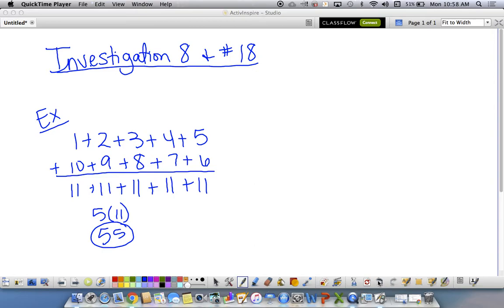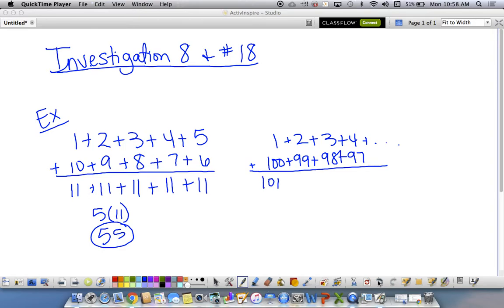So if I wanted to add the numbers 1 through 100, 1 plus 2 plus 3 plus 4, do you really think I'm going to write them all the way to 100? No, I'm not. I'm going to stop, but it's going to be dot, dot, dot. Okay? And then I'm going to have the last number that I want to add, which is 100, plus 99, plus 98, plus 97. I'm going to see if these are all going to add to be the same thing. 100 plus 1 is 101. 99 plus 2 is 101.